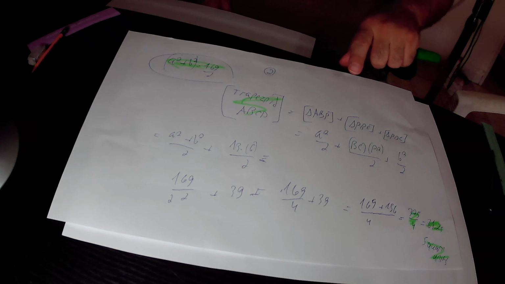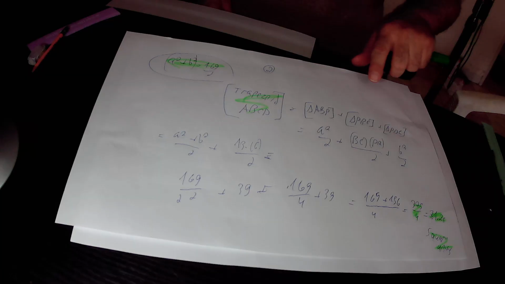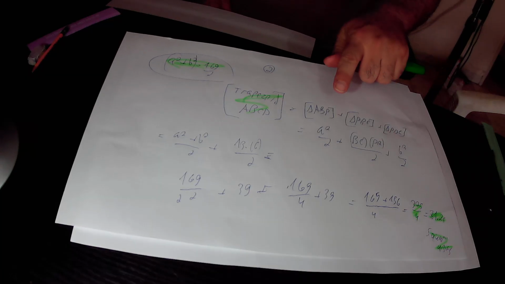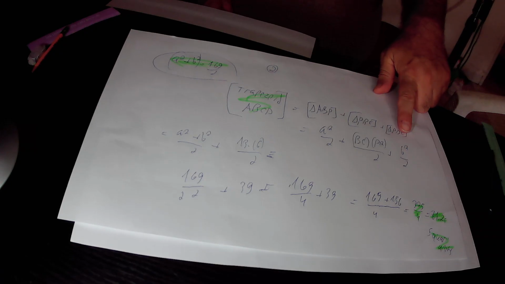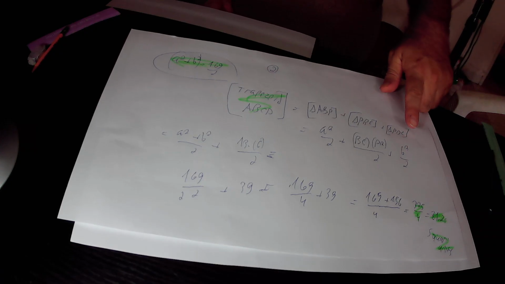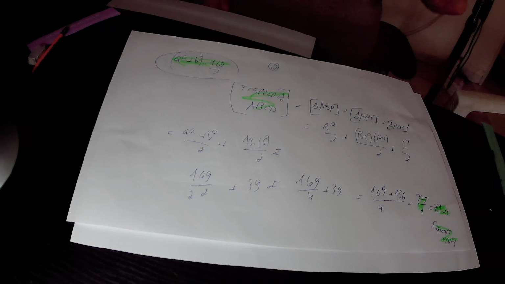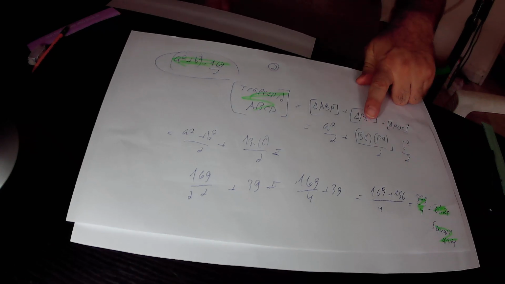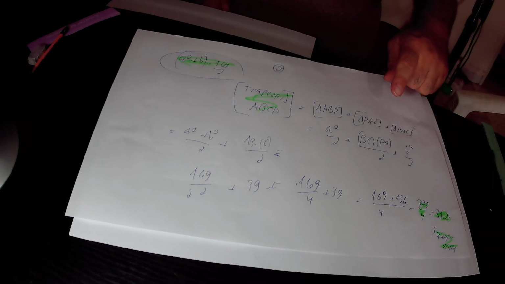So the area of trapezoid ABCD equals A squared over 2 plus B squared over 2, which is A squared plus B squared over 2, plus the area of the big right triangle PBC.